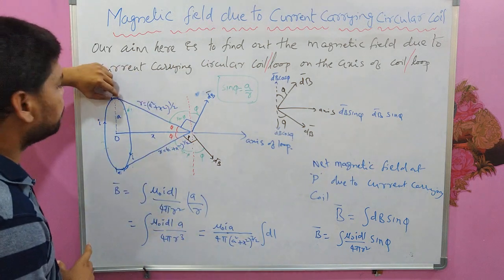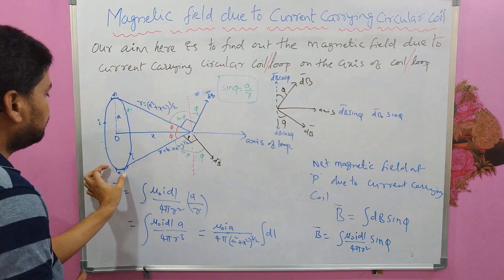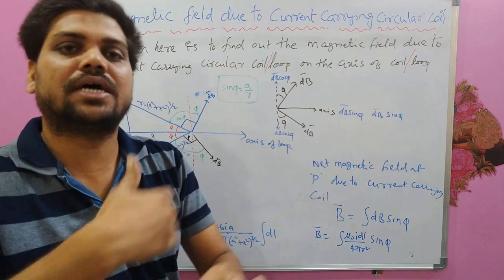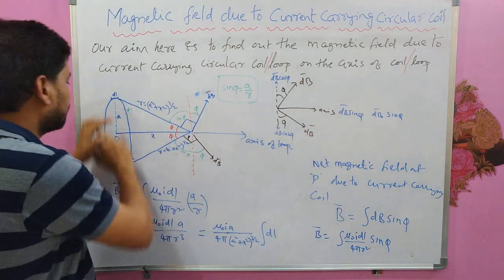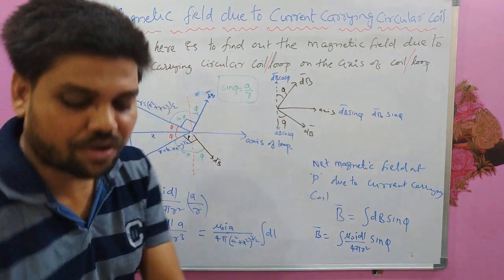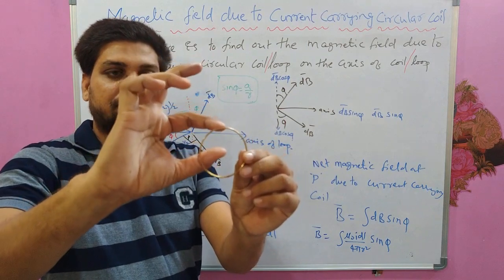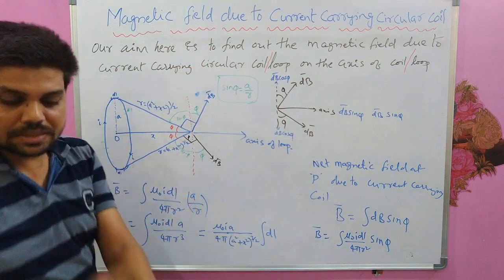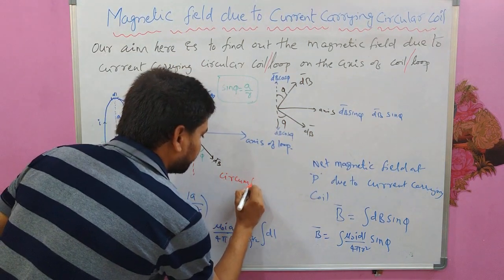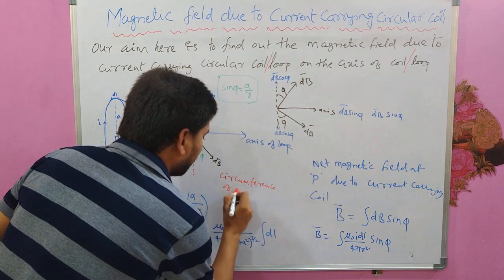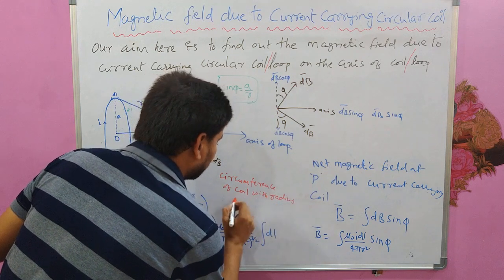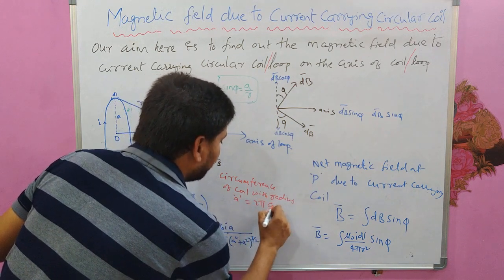If you consider this dl and this dl, the integral of dl will give you the total circumference of the circular coil that we have considered. What is the circumference of a circular coil? Its radius is small a, and the circumference of a coil with radius a is equal to 2 pi a.